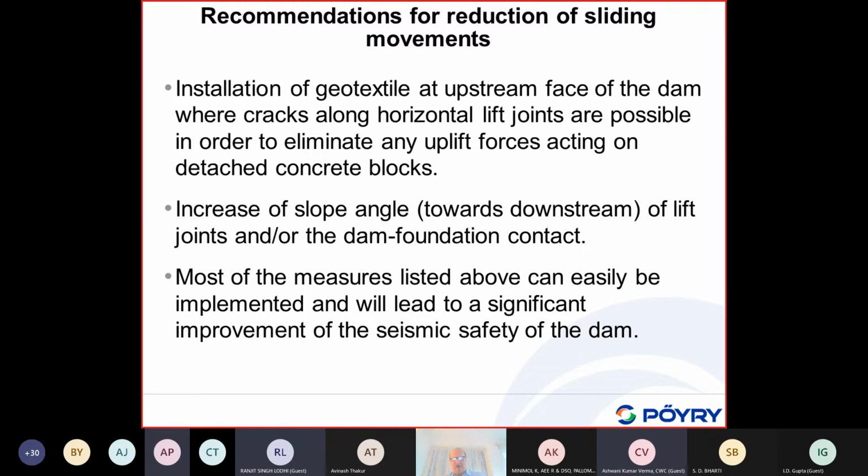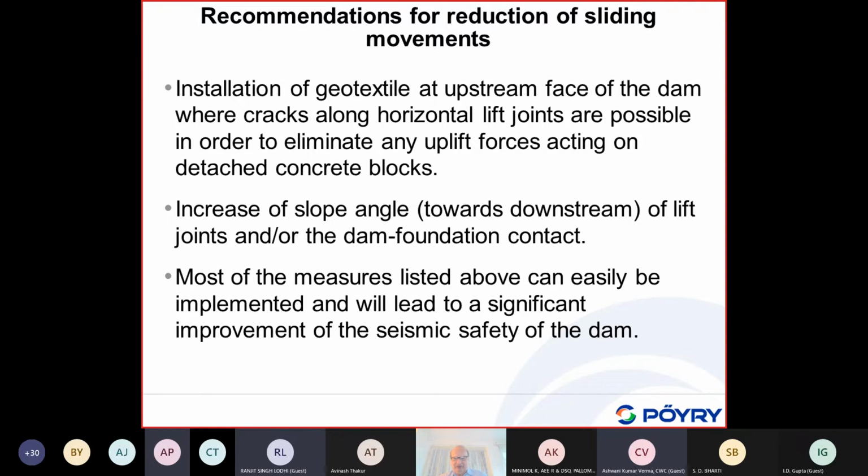Now, what is of course easier would be the installation of a geotextile, geosynthetic material at the upstream face of a dam, where cracks along horizontal lift joints are possible, in order to eliminate any uplift forces acting on detached concrete blocks. So here, yes, the geotextile would be useful in order to reduce, let me say, movements of blocks during a worst-case earthquake.